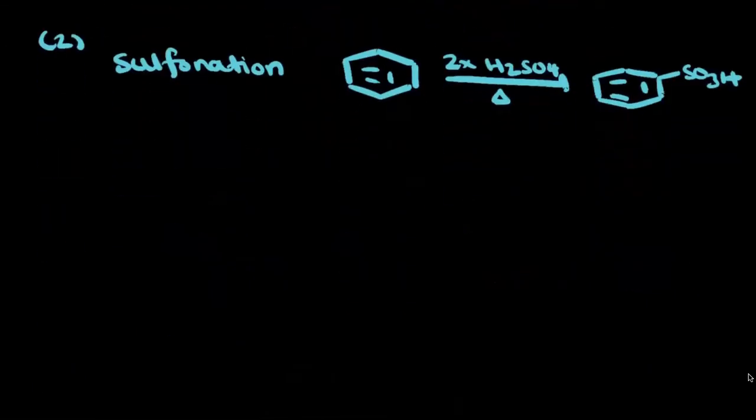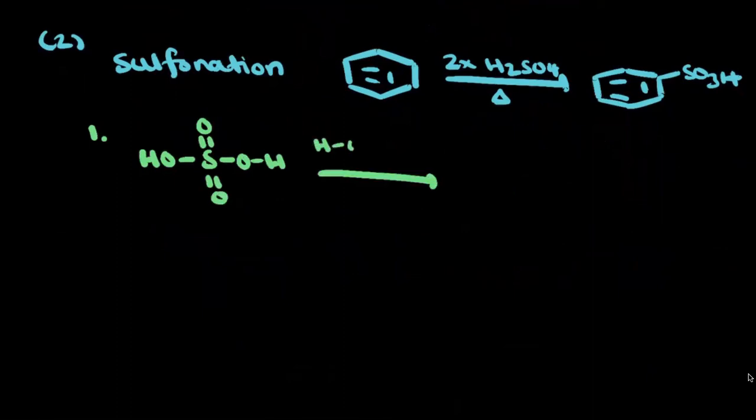So now we're going to start off by taking our sulfuric acids, and one of those sulfuric acids is actually going to act as an acid, the other is going to act as a base. So let's see how that looks. All right, my bad. This should be sulfonyl here.